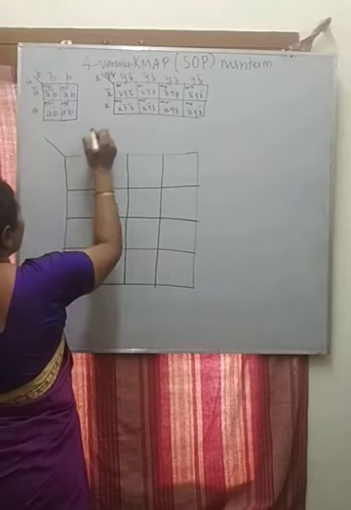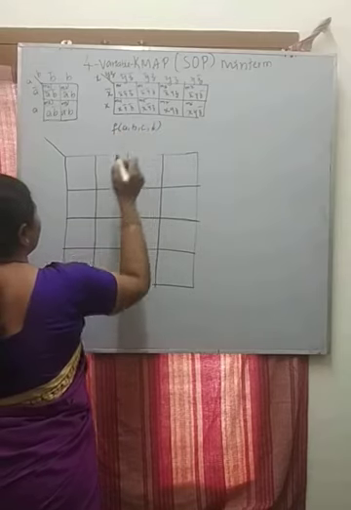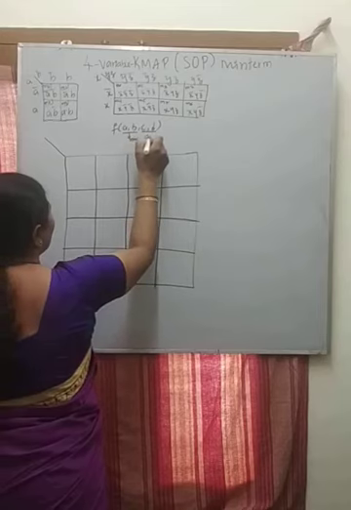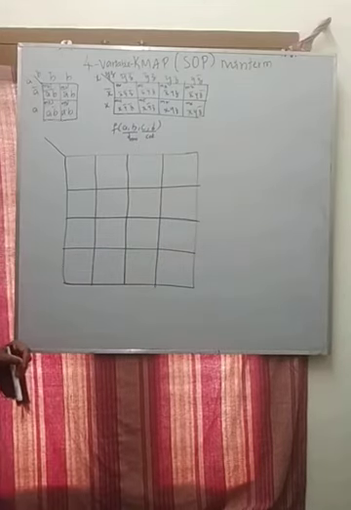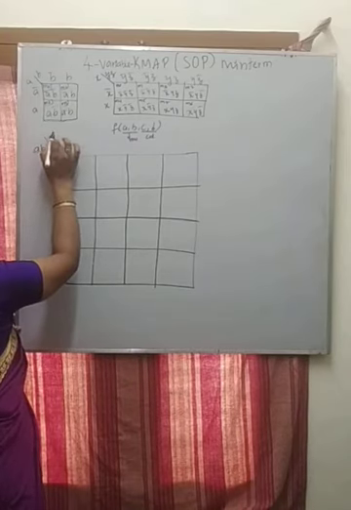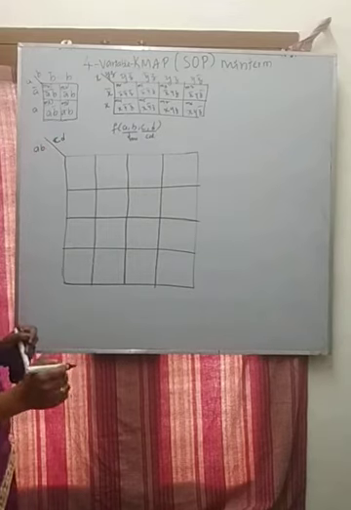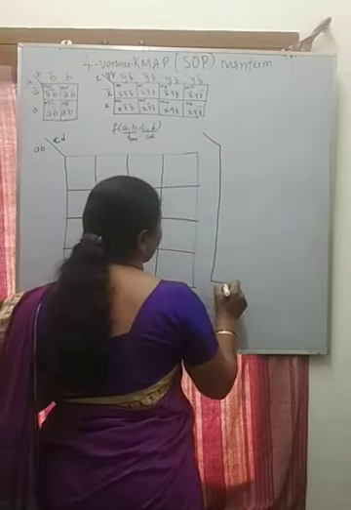So if I take f of A, B, C, D, the first 2 variables are for the row, and the other 2 variables are for the column. Here is AB, here it is C and D. I'll write one more for your understanding purpose.